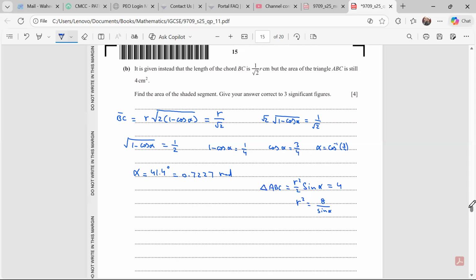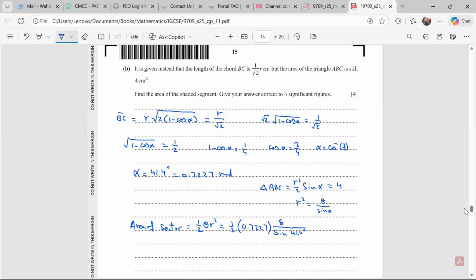Now the area of a sector, we know it is half theta r square, right? So I have half, and the angle is given as 0.7227, and for r square, I will put 8 over sine of alpha, and alpha is 41.4 degrees.